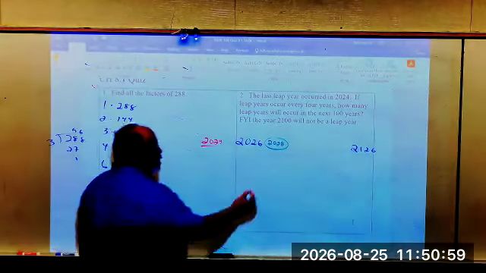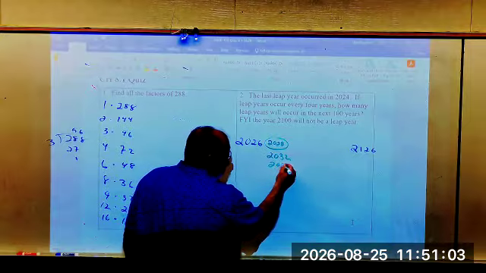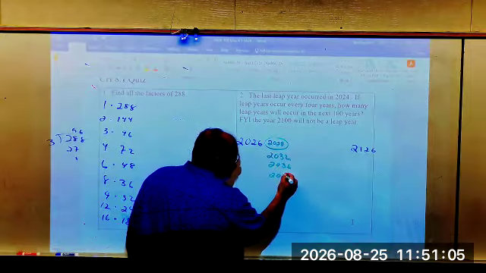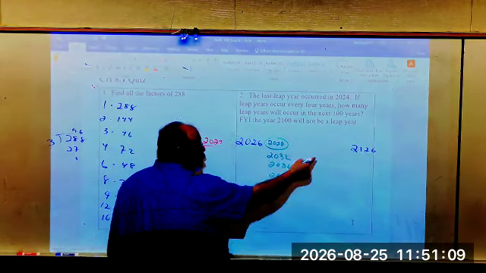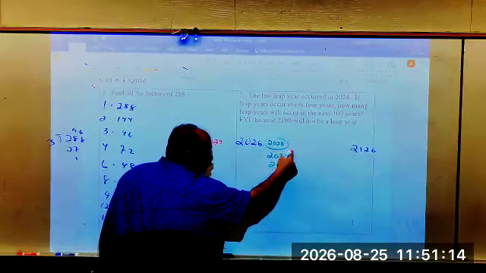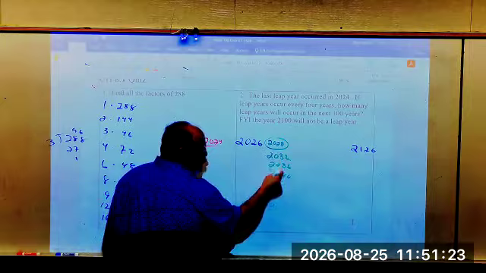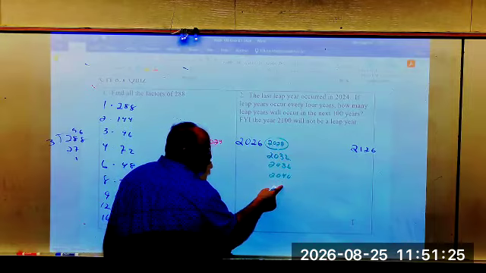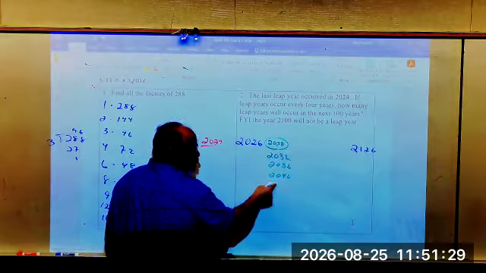So 2028, and then 4 years later, 2032, 2036, 2040, and so on. Now, look at all these numbers. What do they have in common? If it's a leap year, it's divisible by 4.